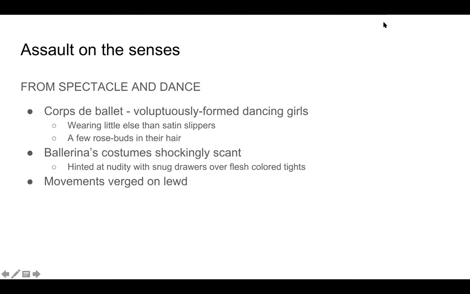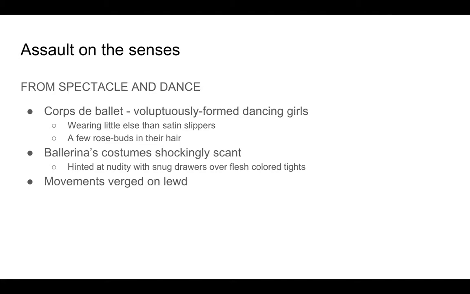They're a drape for a costume, and then the incredible form of the body. But these were voluptuous girls wearing little else than satin slippers and a few rosebuds in their hair. Their costumes were shockingly scant, that hinted of nudity over the snug drawers, which would be, the illustration is probably a little more forgiving than the costume may have been.